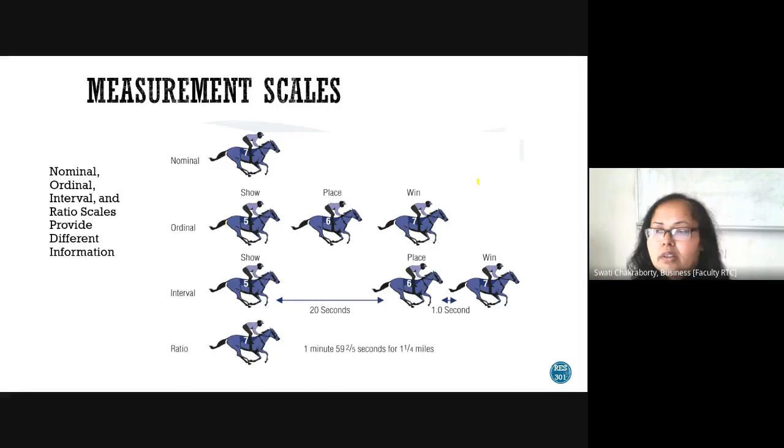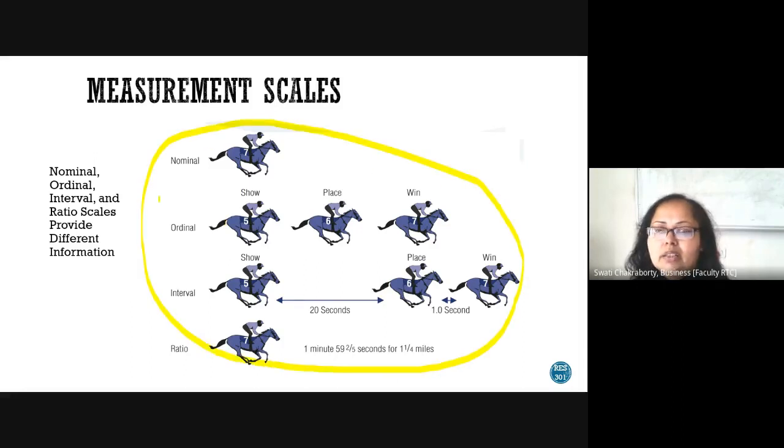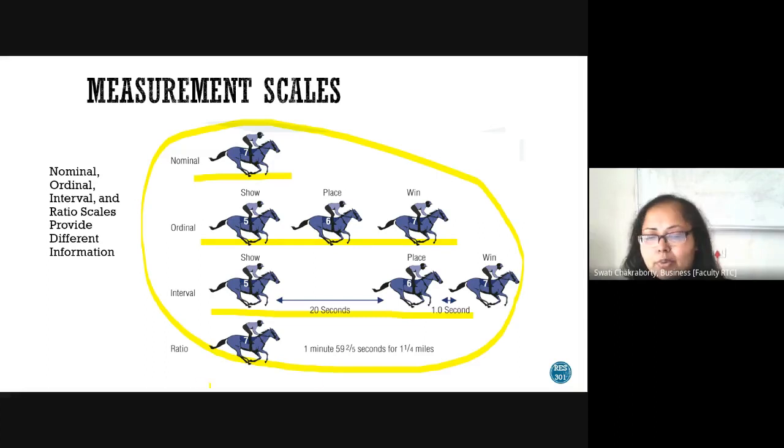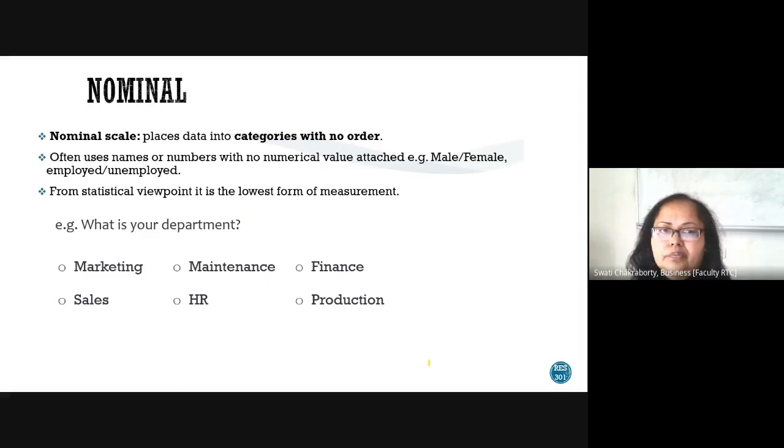So you see this is the example. This is nominal. Then ordinal, where we are looking at positions, and interval is where we talk of the time gap, and ratio, where we are comparing minutes and the distance traveled. We are making a ratio of it.